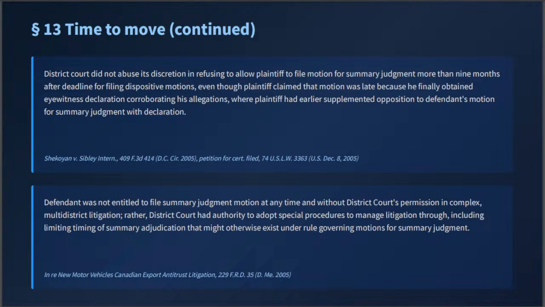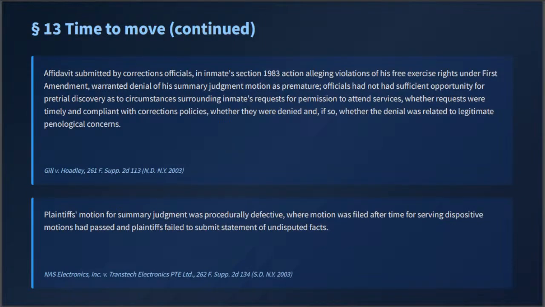So let's continue with the time to move. Let's see, we get that slide. We're on to this one here. This is Gill versus Hoadley, Northern District of New York, 2003. Affidavit submitted by corrections officials in an inmate's section 1983 action alleging violations of his free exercise rights under the First Amendment warranted denial of his summary judgment motion as premature.